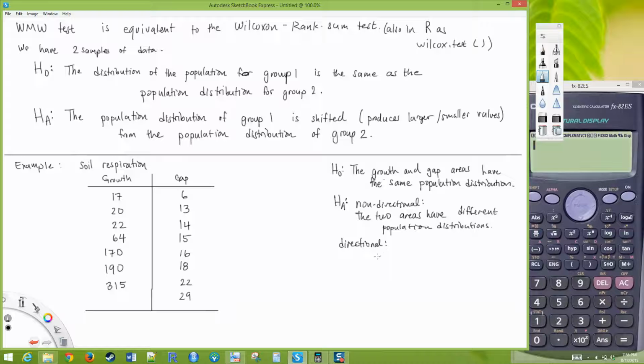Then for a directional alternative we could say the growth area will tend to produce larger values than the gap area.